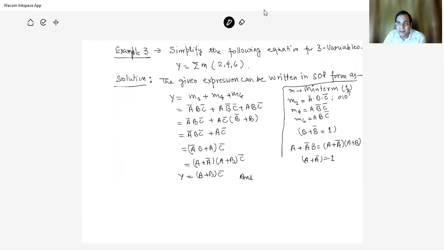So here it is 0, 1, 0, which is 2, and that's why it is m2. Similarly, here it is 1, 0, 0 because of B bar. So this one is converted. This 1, 0, 0 is 4, and that's why it is m4. Here it is A, B, this is 1, 1, 0. B bar means 0. So this one is m6.